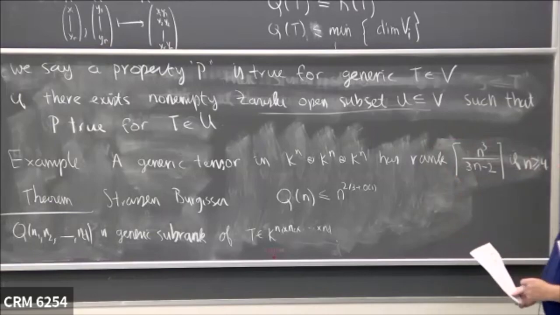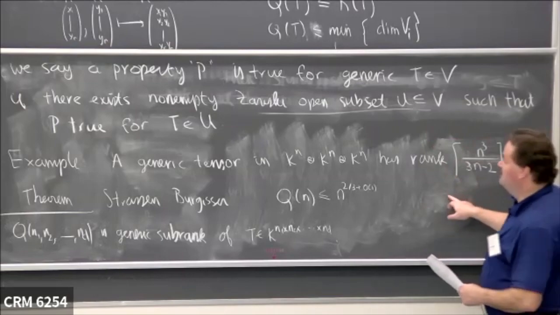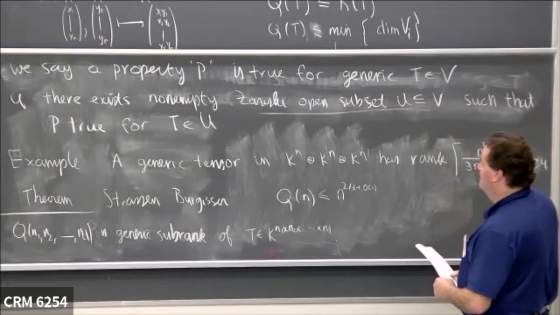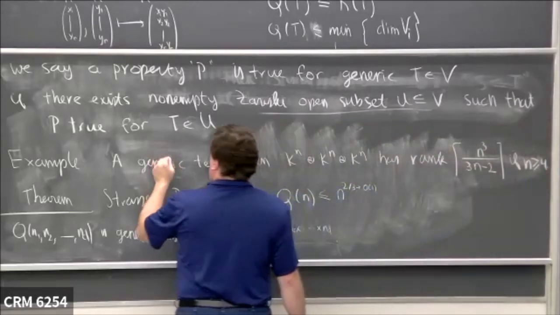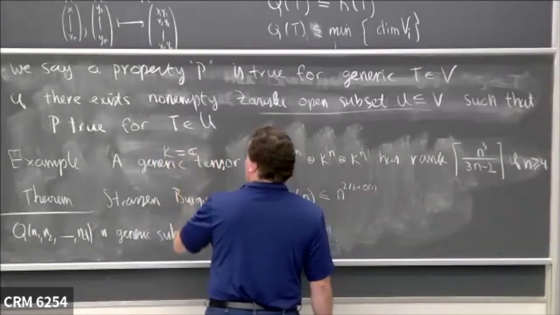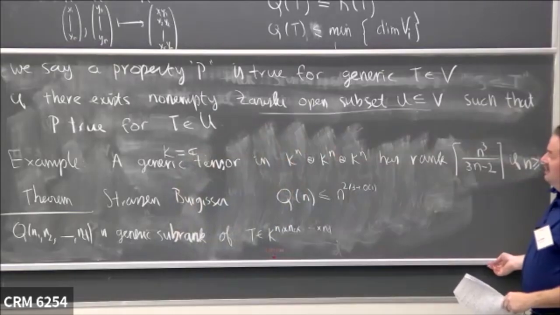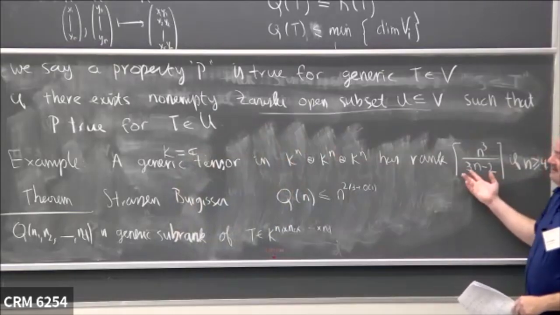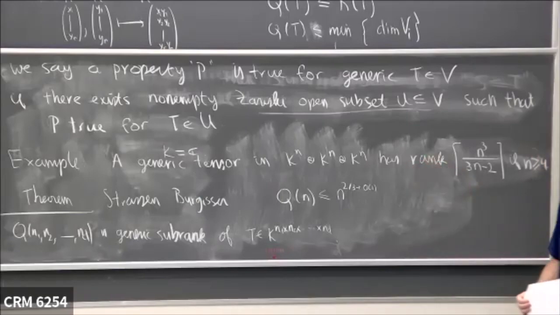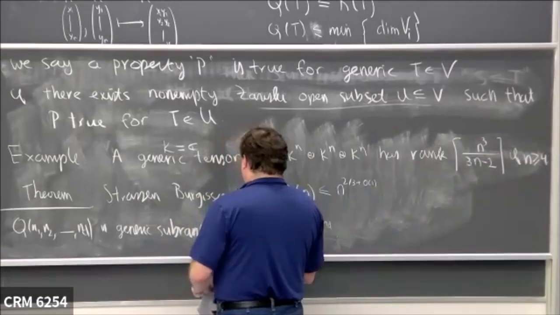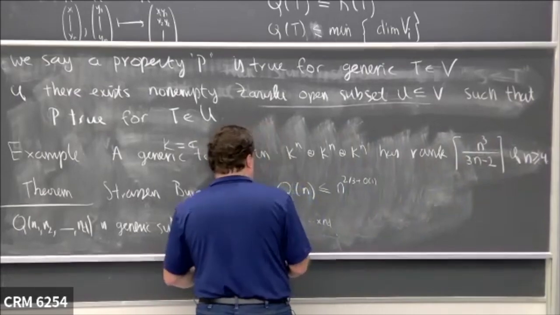And for the generic rank, if you work over the reals, it is not clear. So let's just say K is C here for this example, because over the real numbers, the generic is actually not even clear what that means.